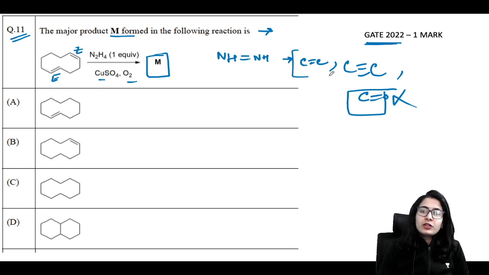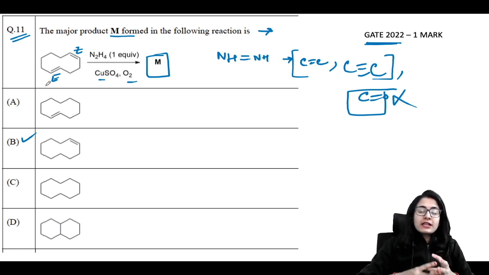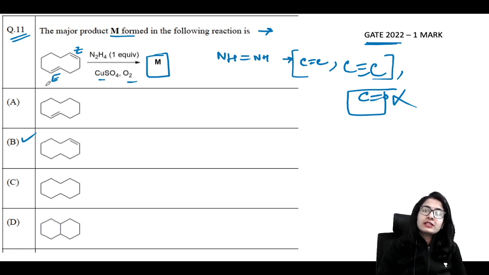It is for non-polar bonds specifically. But in this question, you don't have much choice. Both the bonds are C double bond C, both are non-polar. So which bond is going to be reduced first? All right. So guys, consider a trans bond, and that also in a cyclic system. In a cyclic system, a trans bond causes steric hindrance to the molecule because it is cyclic.